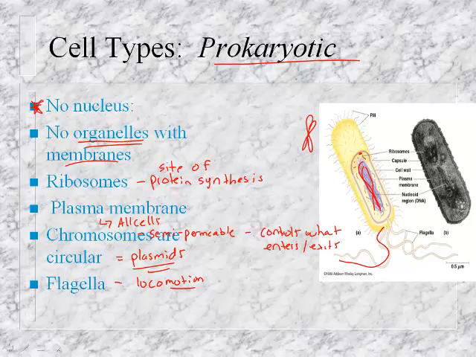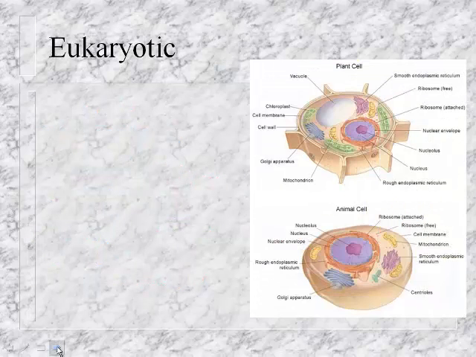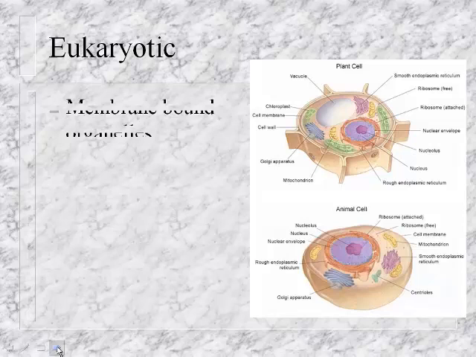Let's move on to the eukaryotic cell. And you can think about eukaryotic as being complex, just like you are. Get it? You. So here's a eukaryotic cell. These are the ones that you guys were looking at on iCell with the iPads, all the different organelles here. So let's just look at a few characteristics of eukaryotic before we go into the actual cells.